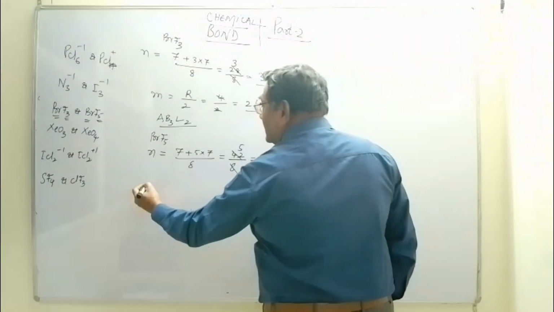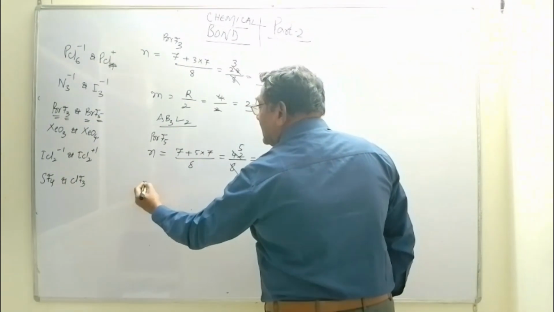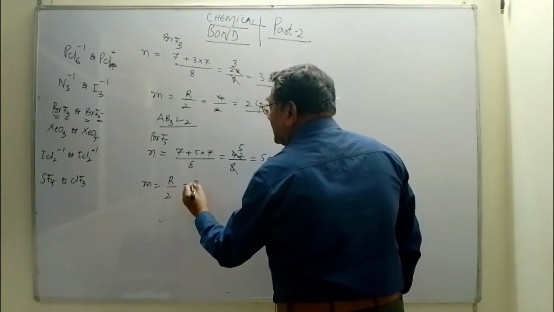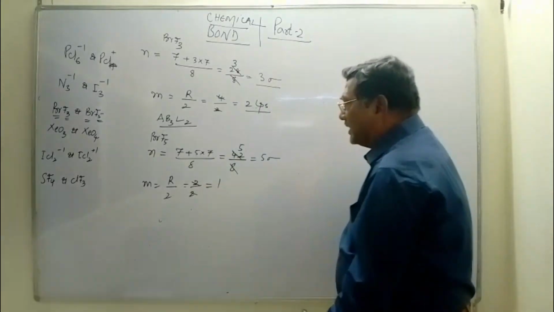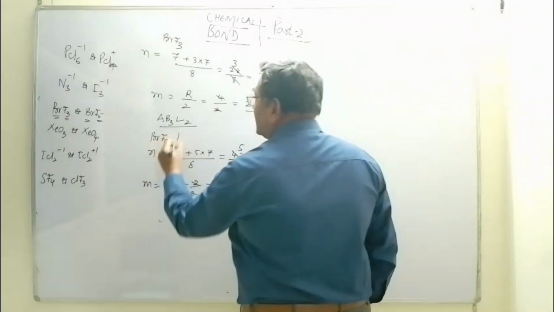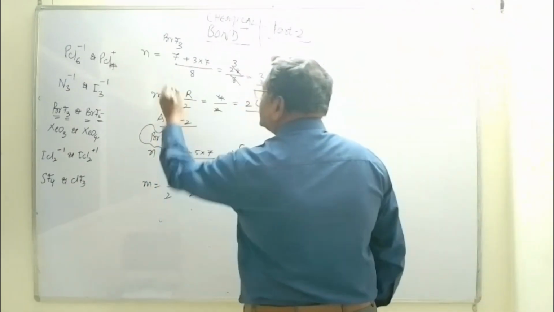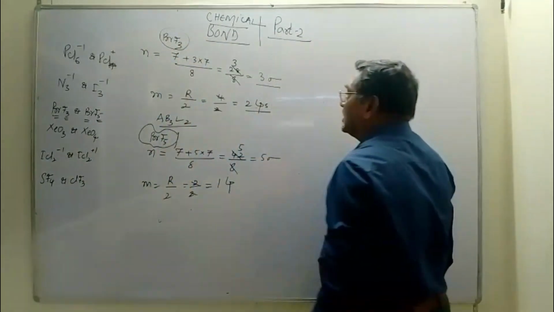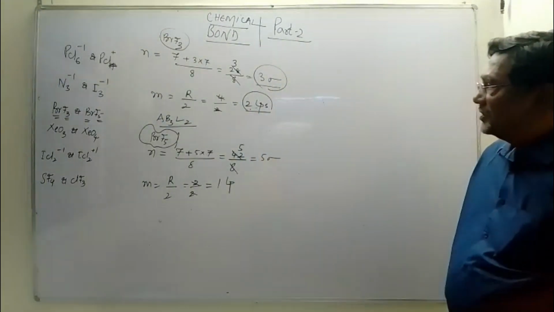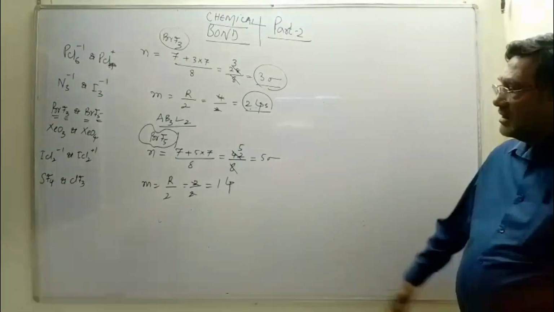The remainder is 2. Then M is equal to R by 2, 2 by 2, which is 1. So 1 lone pair of electrons with respect to BrF5. And for BrF3, what we have done: 3 sigma bonds and 2 lone pairs.